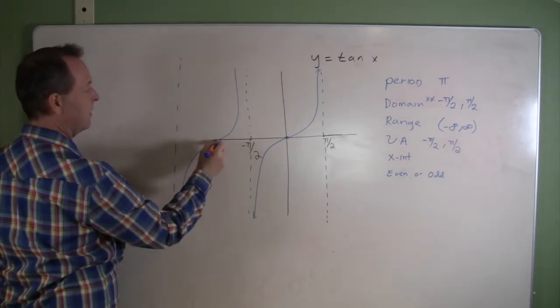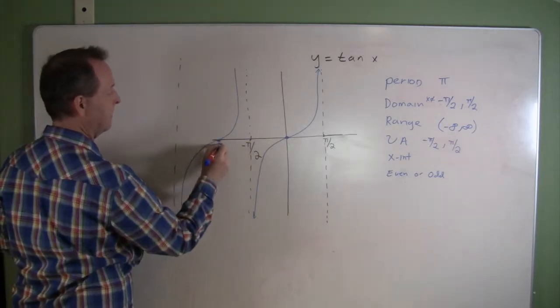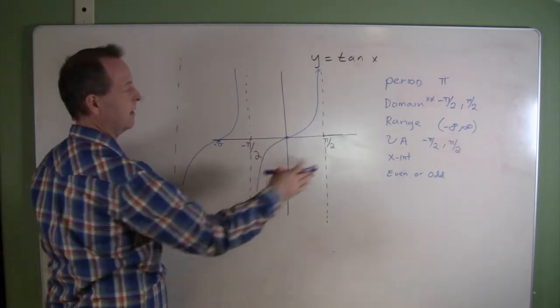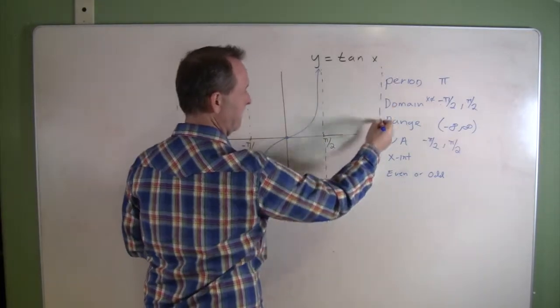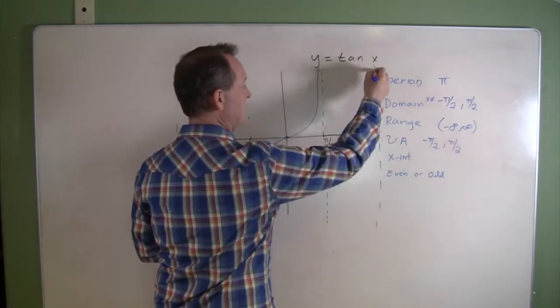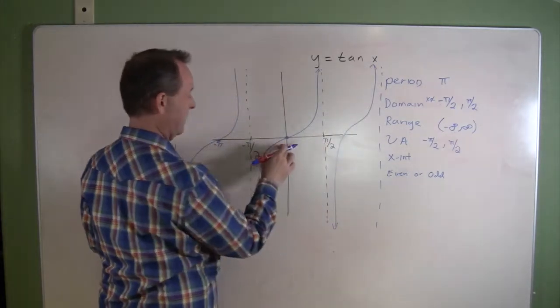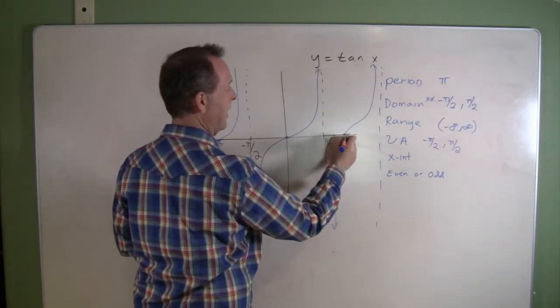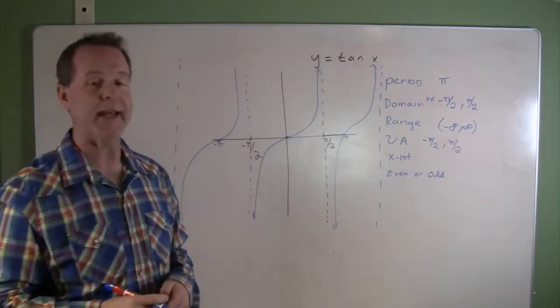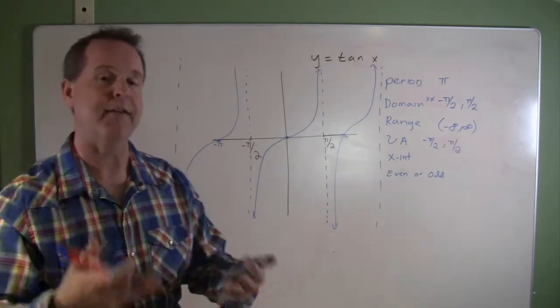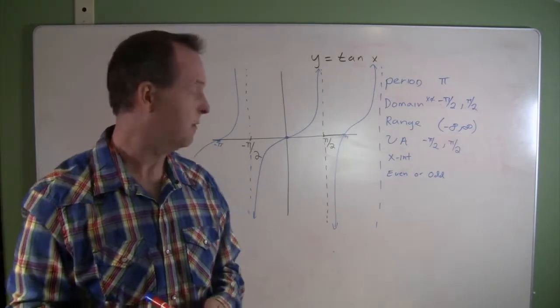And so right here, it would cross again at pi, or negative pi. And then likewise over here, we have another vertical asymptote, and the graph would look like so. And so if this was 0, here we'd have pi. So the x-intercept is at 0, and then every pi unit distance away from 0.